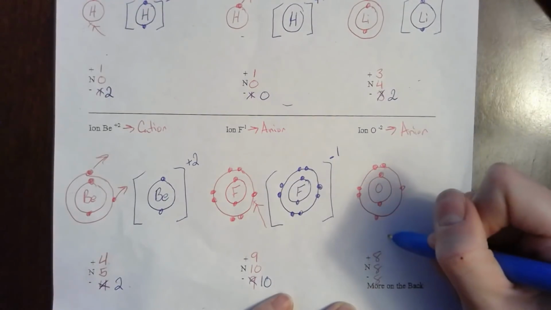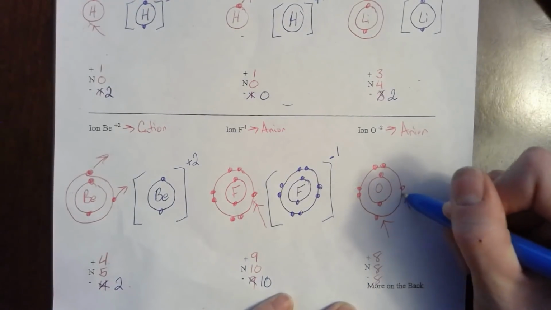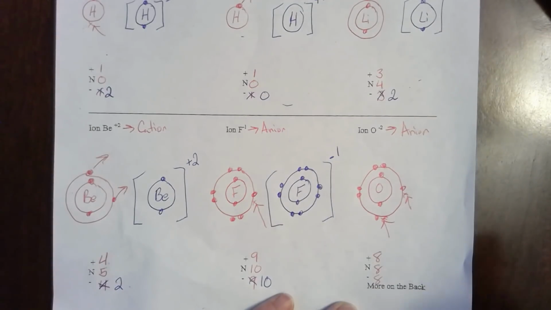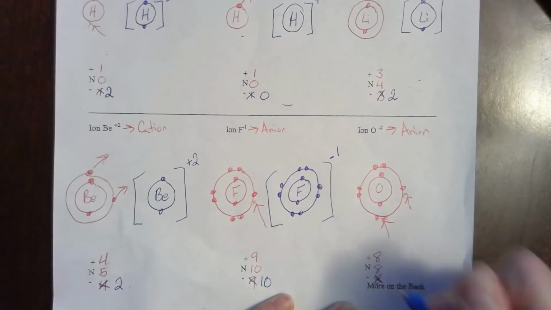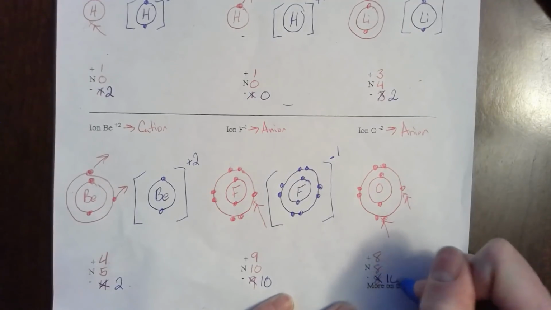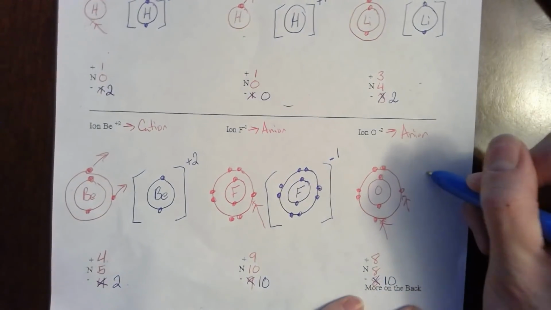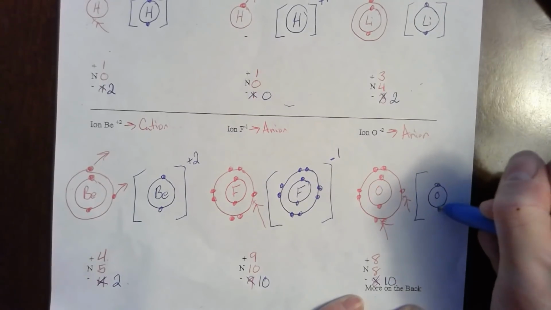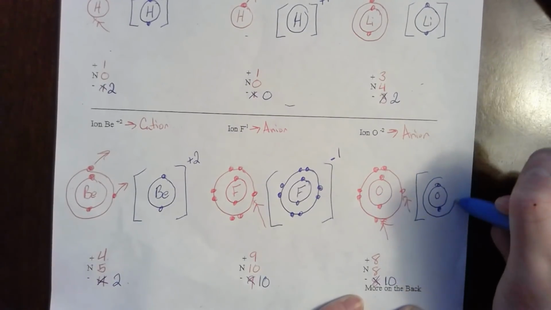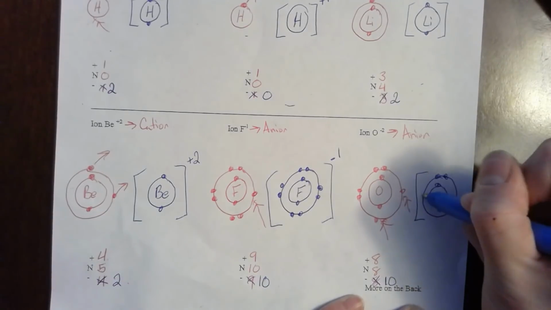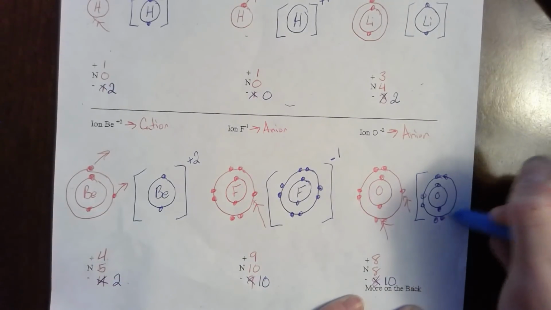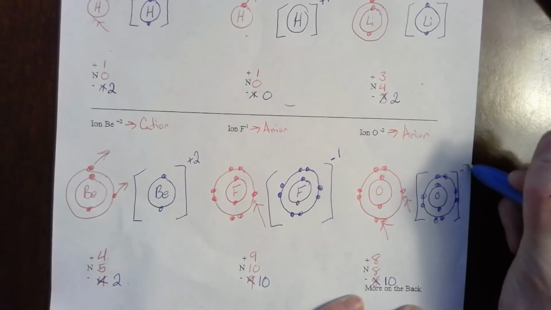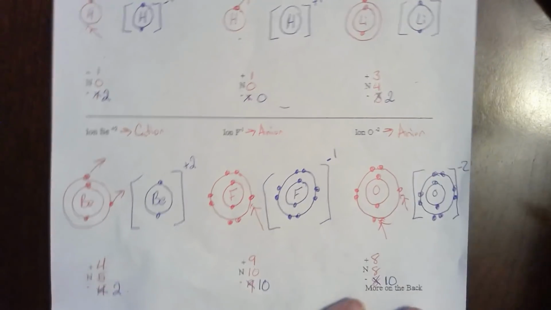It's going to gain 2 electrons, meaning it's going to gain 2 negative subatomic particles, making it a 10 now. When it does that, that oxygen now looks like neon. And it's gained 2 negative electrons.